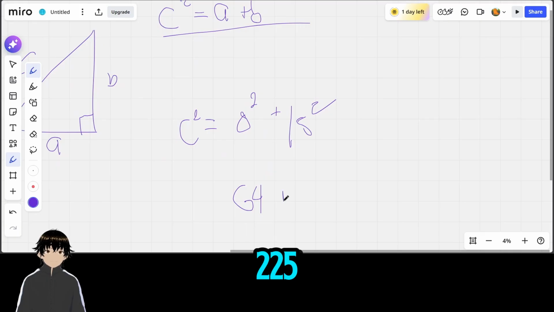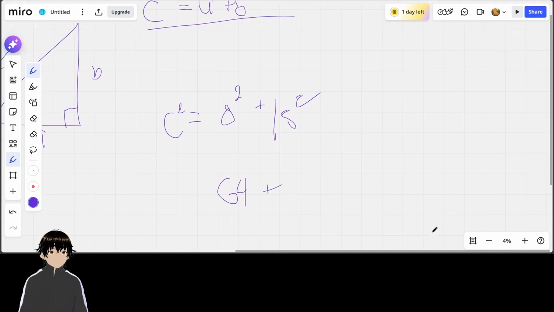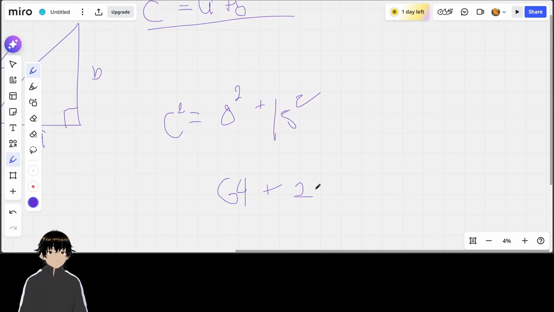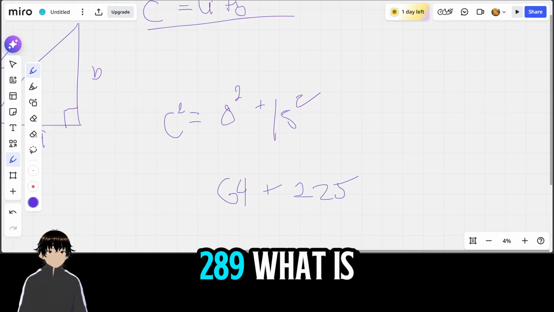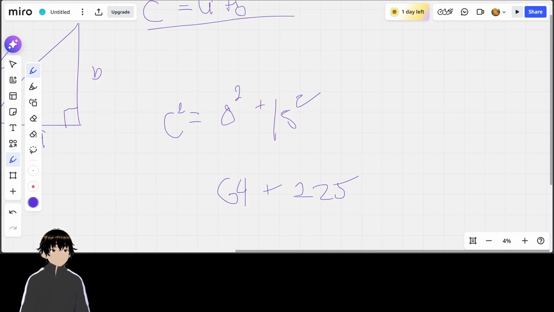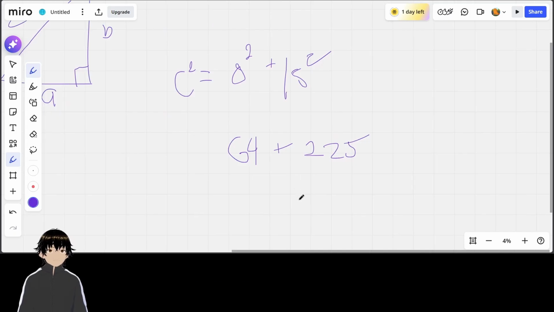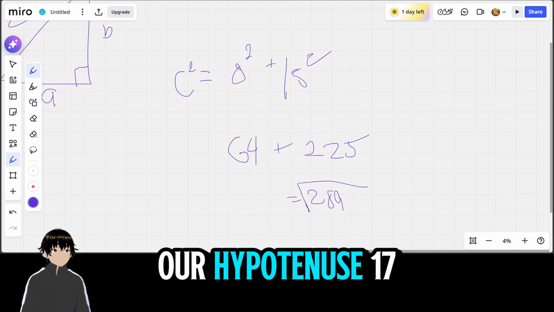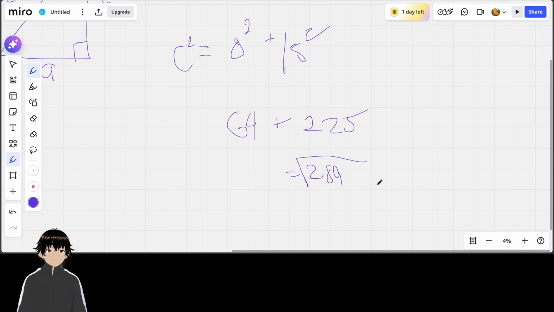It's going to be 225. So 64 plus 225 is going to be 289. What is the square root of 289? That's going to be 17. So 17 is going to be our hypotenuse, 17 centimeters.